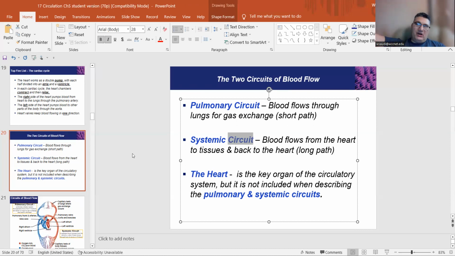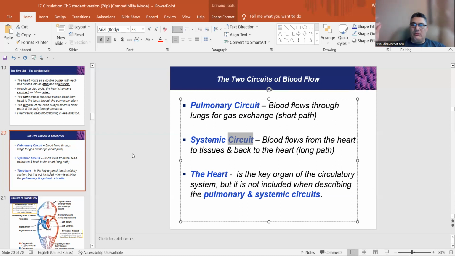Remove the lung temporarily. Blood from the different parts of the body to the heart, and from the heart to the different parts of the body, this part alone is called the systemic circuit. Systemic because it goes to all these systems. But the blood that leaves the heart only to go to the lung and come back, this part is called the pulmonary circuit.